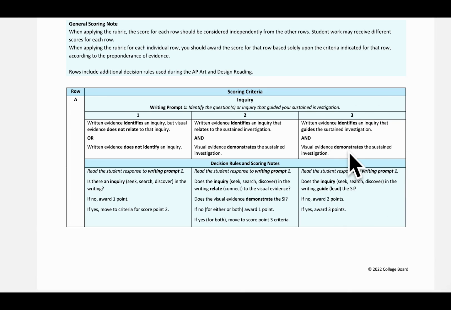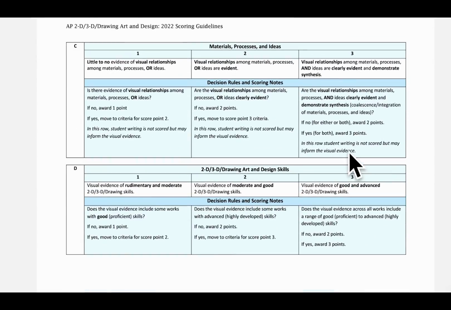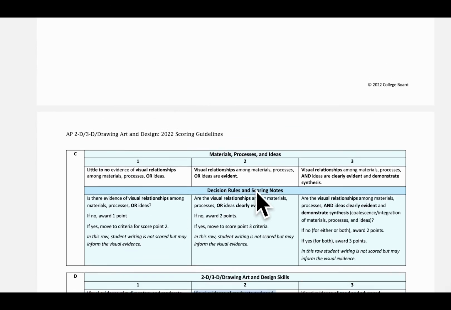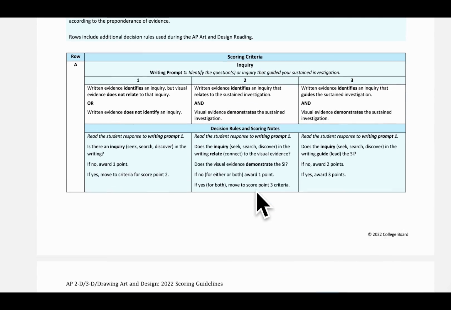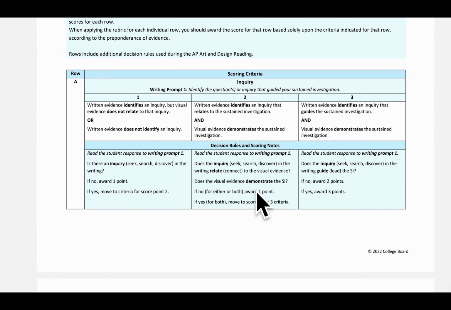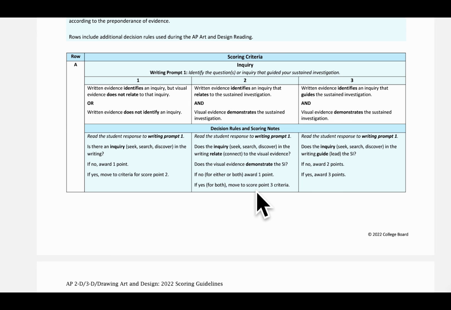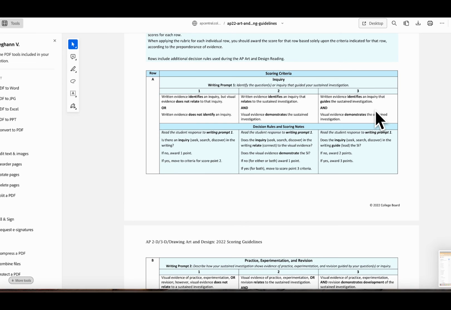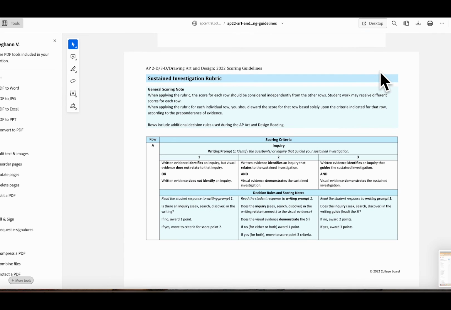So if you play things right, if you are more of a novice in your art or design skills, or if you're more intermediate, you can still get a decent score on the sustained investigation, even though you might not have the skills that you want to have in art. Okay, so that is the sustained investigation rubric.